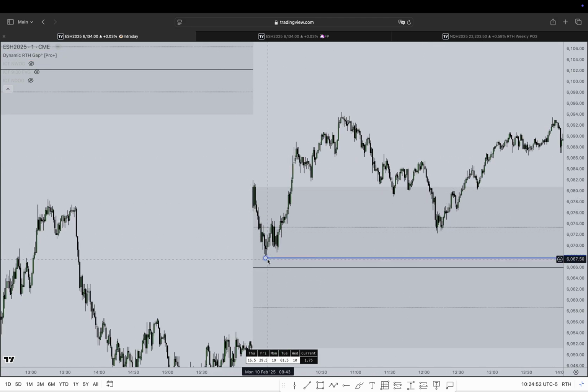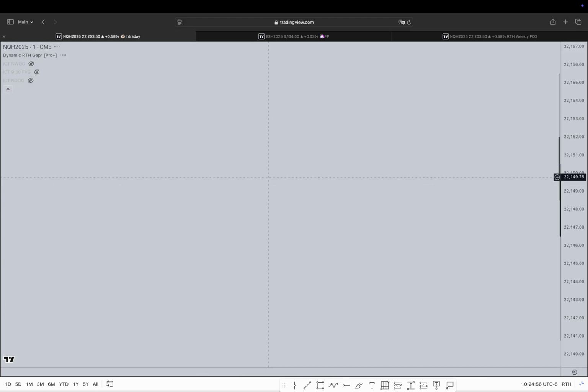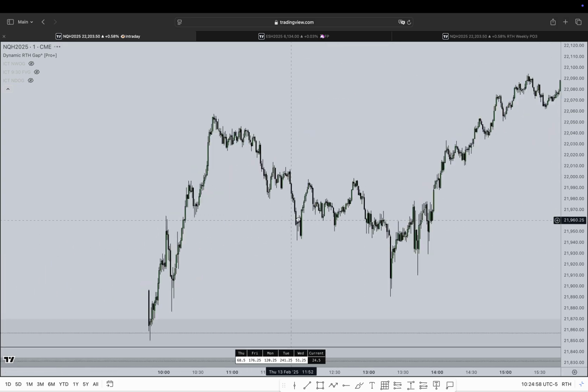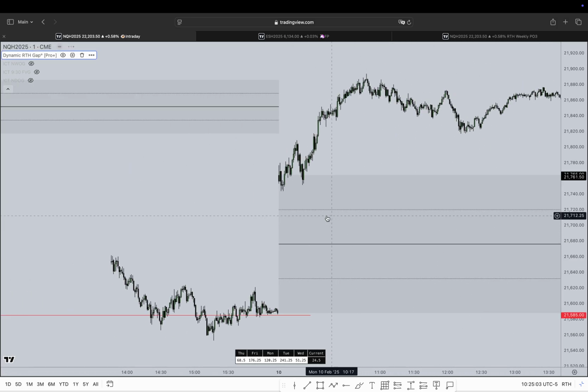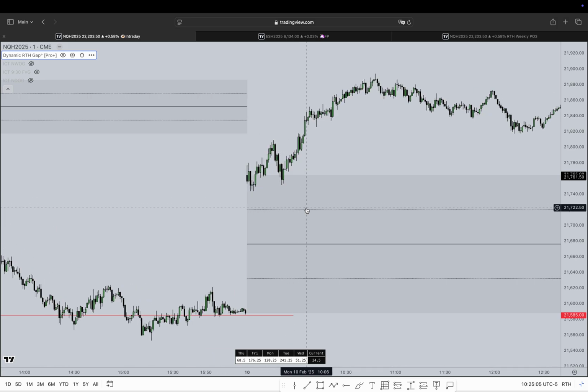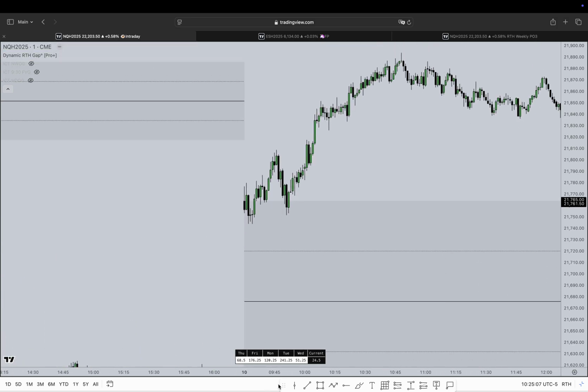When ES was trading here and Nasdaq was trading barely at the open, here, I took this trade here.